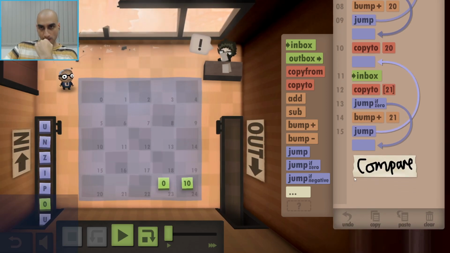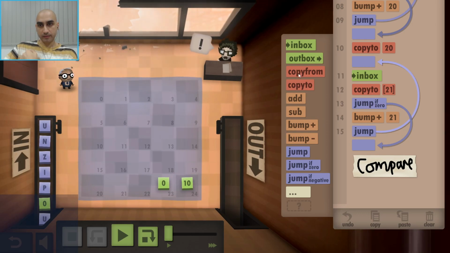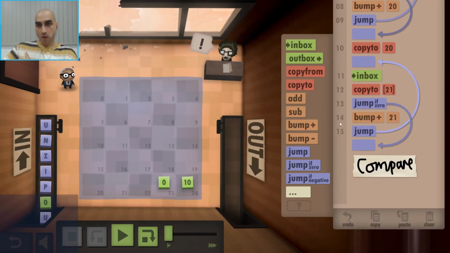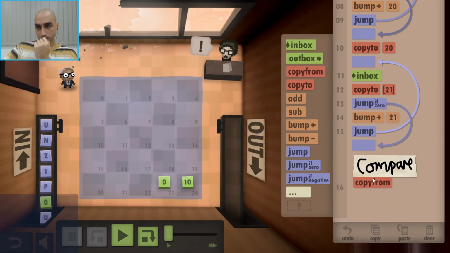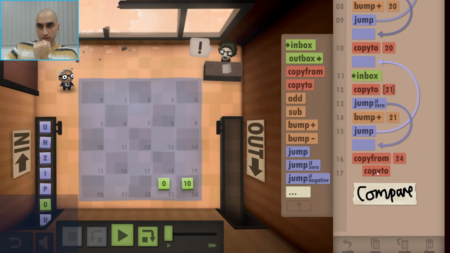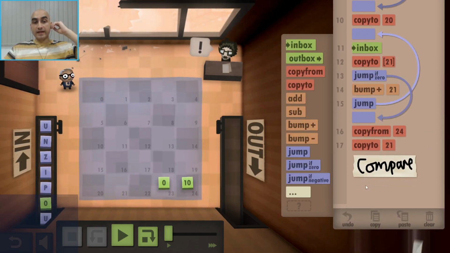Okay. So in a loop, we pick up. We have to reset both these counters now. So we copy 10. So that resets that counter. Okay. Now we compare.